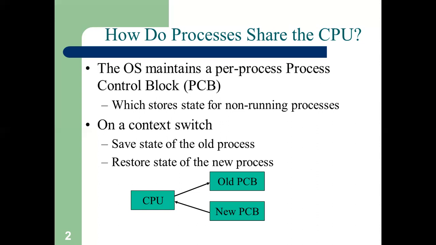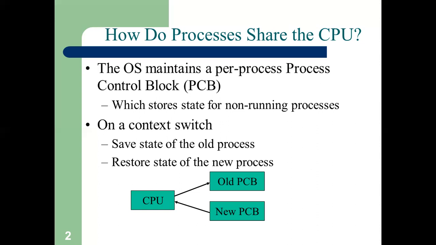So how does the process share the CPU? Under execution, or the running condition, the process has full connectivity with the central processing unit. It goes into the main memory, and after that it is in full interaction with the central processing unit, because every processing is done inside the central processing unit.